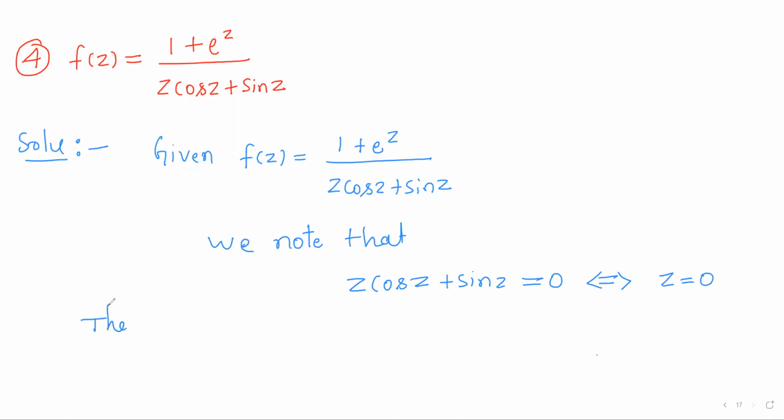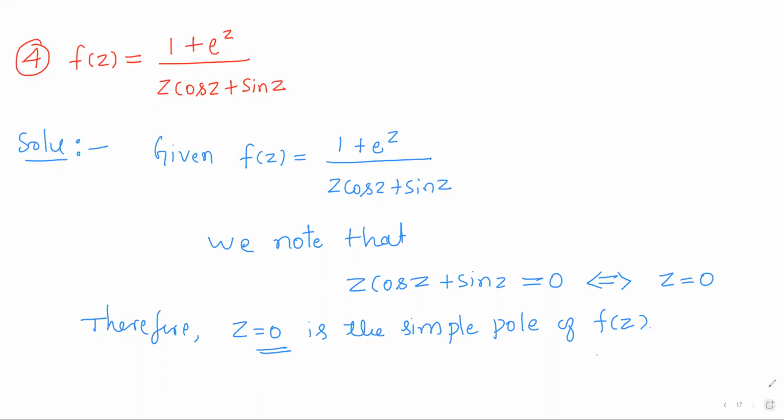Therefore z is equal to 0 is the simple pole of f of z. As it is the only 0 of the denominator function, it will be the only pole of f of z. Now we shall calculate the residue at that 0.